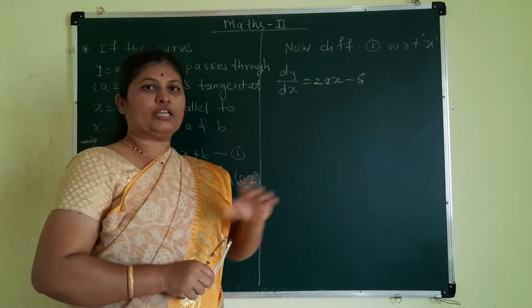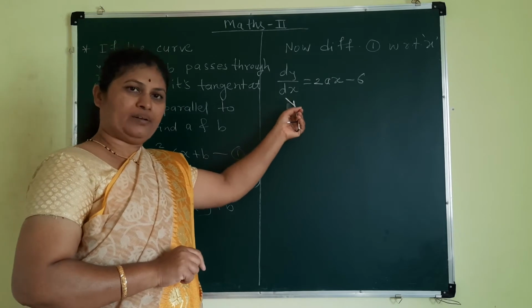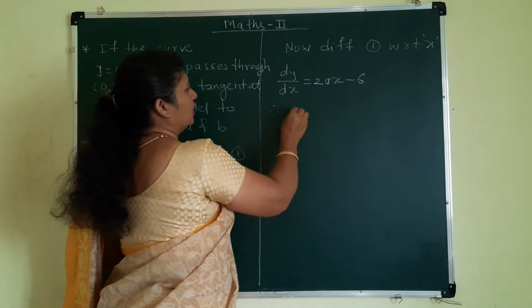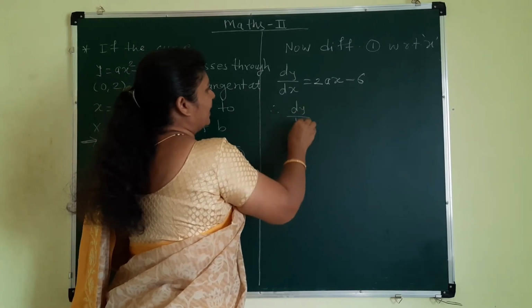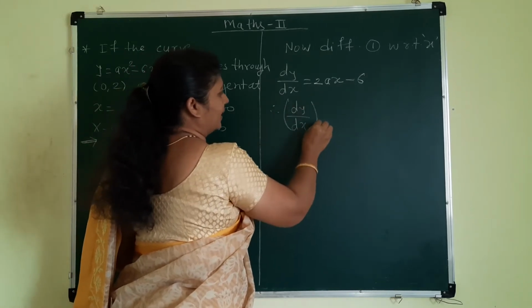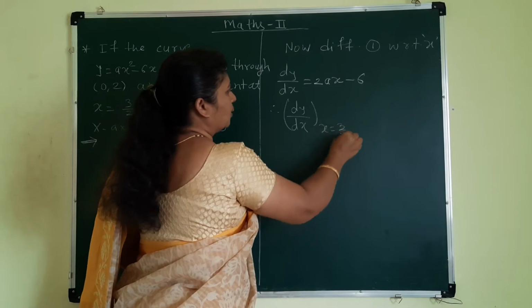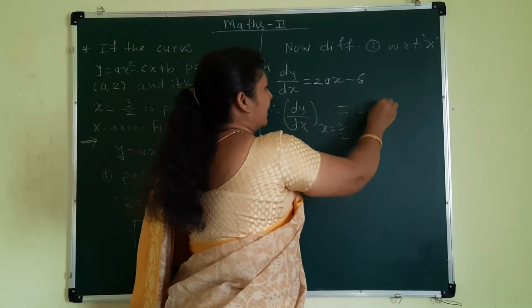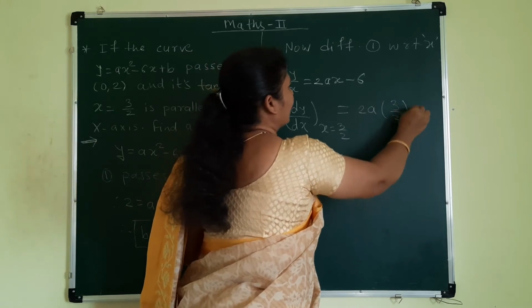Right? So my second step is to find the value of this derivative at that point of contact. Therefore dy by dx at the point of contact x is equal to 3 by 2 is equal to 2a into bracket 3 by 2 minus 6.